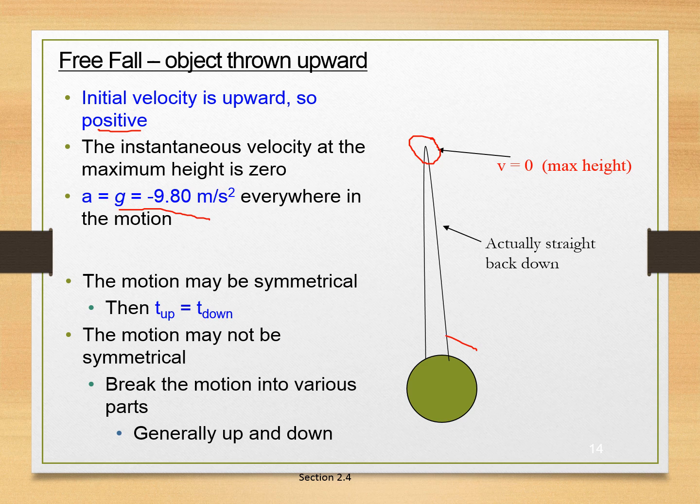This is an example of symmetrical motion, when the time to reach the maximum is equal to the time to hit the ground or to reach the initial point. There is also motion that is non-symmetrical, called non-symmetrical motion. Later I will show one example of non-symmetrical motion.